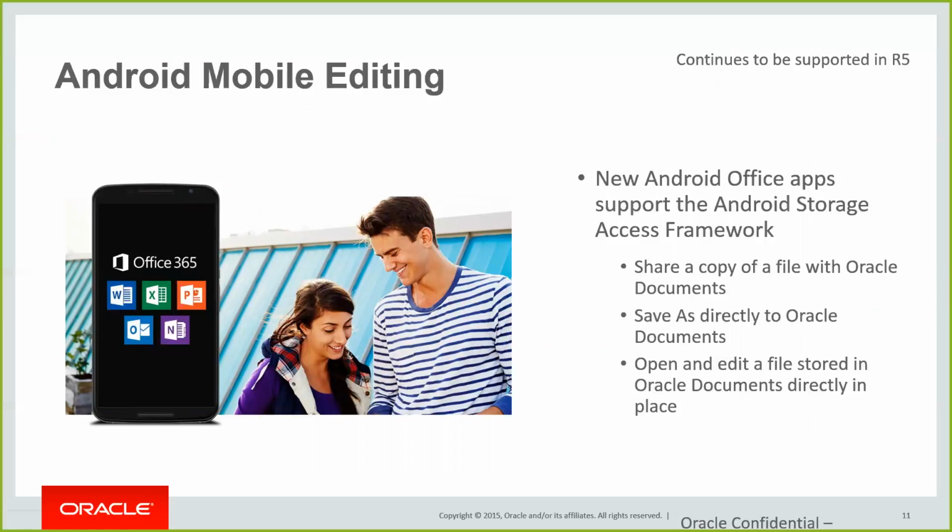Oracle Documents Cloud Service is supporting this framework, so you can work directly in Office applications on your mobile device, on your mobile phone, on your tablet, and you can save a copy directly in the Oracle Documents, share it with other users, and you can do all these actions in place.